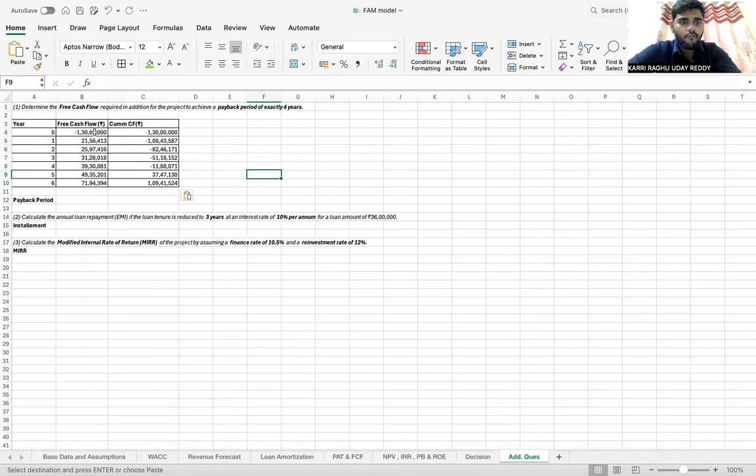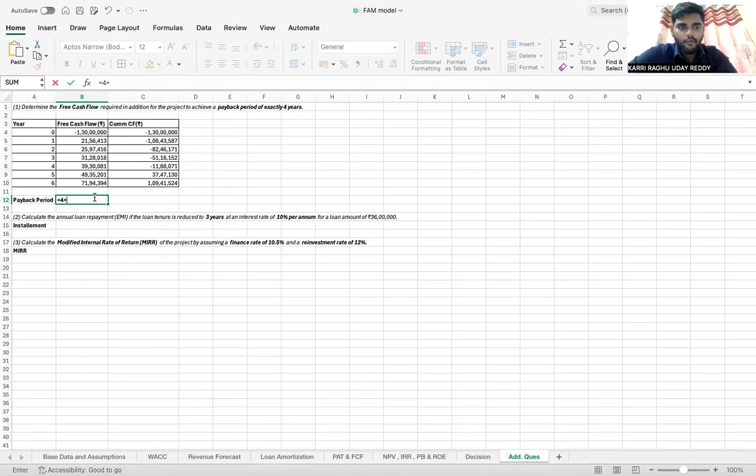Now we have free cash flow values and cumulative cash flow values. Again I'm doing 4 plus this value, which should not be on the negative side, so the fourth year value divided by this value. Now, we are getting 4.24 as our payback period.